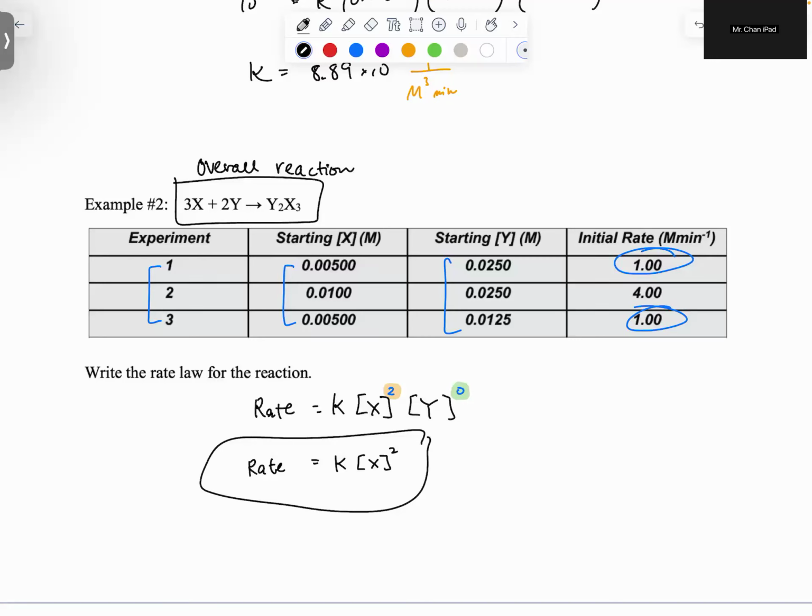When you have an overall reaction, you do not need to pay any attention to the coefficients when we are writing the rate law. You do not. Like those, the 3 and the 2, they are not related to our exponents. No. Okay?